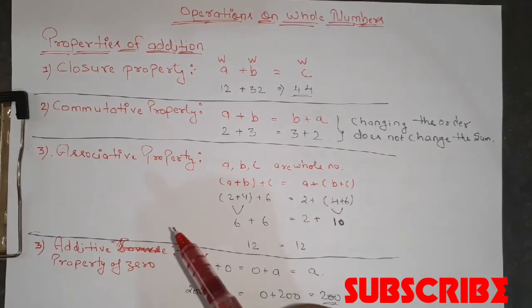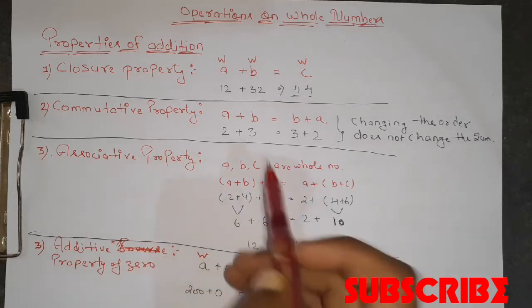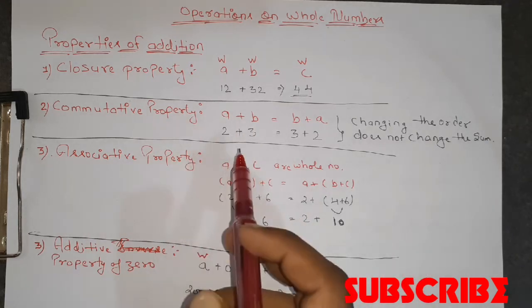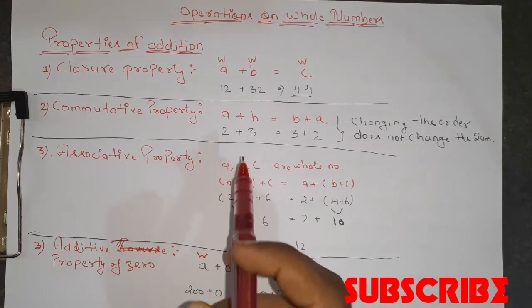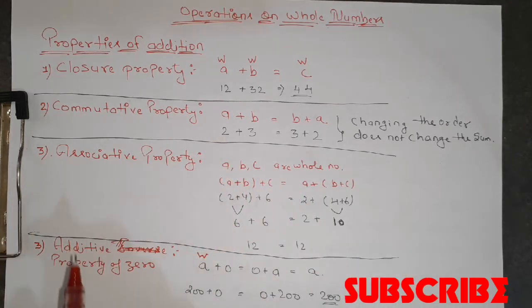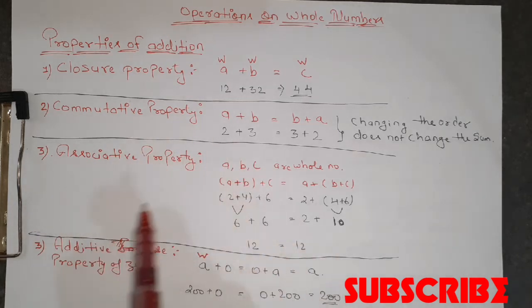So what we get from this is that changing the order does not change the sum. If I add 2 first and 3 afterwards, or 3 first and 2 afterwards, it doesn't make any change in the sum of the numbers, right student?